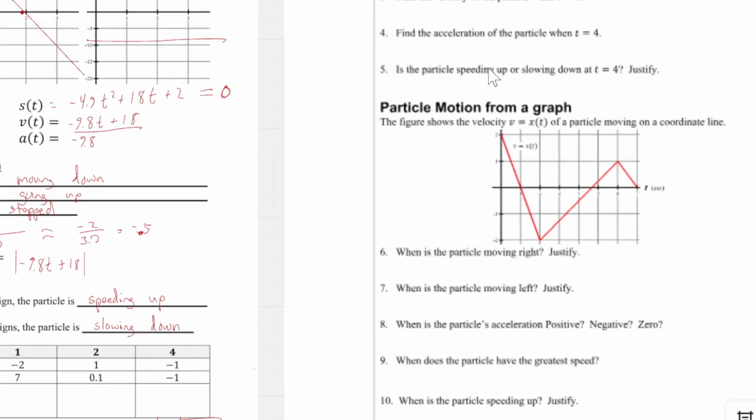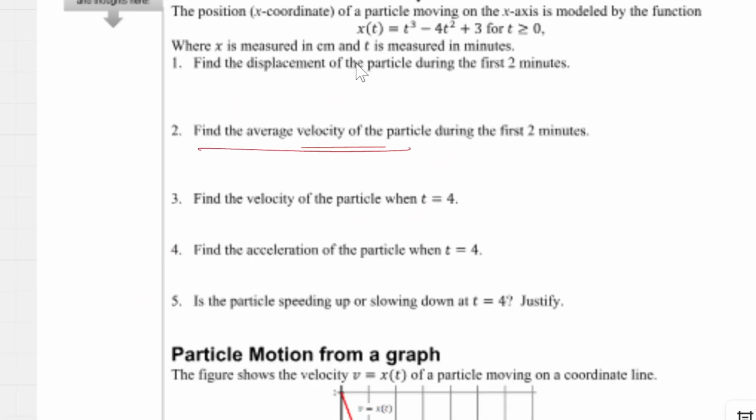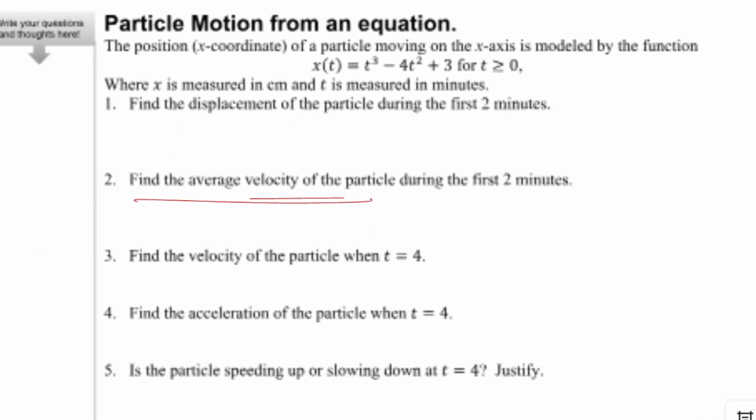All right, keep going. Displacement, first 2 minutes. Okay. Displacement is just change in position. So I guess we'll go with that one. Change in position.